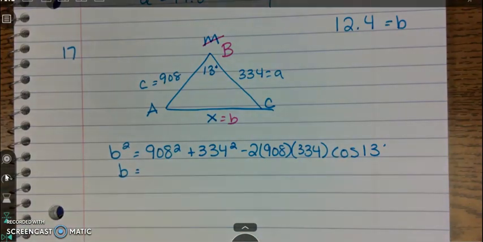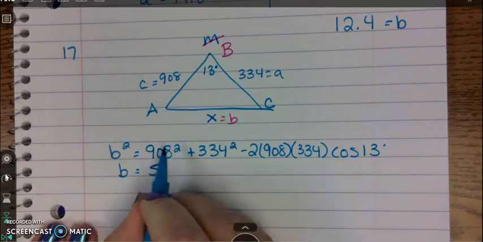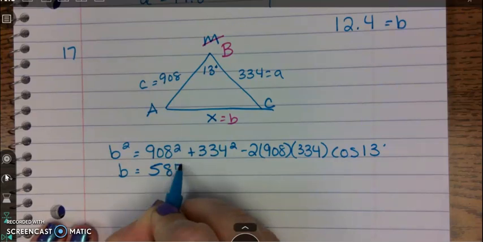Please don't forget to take that square root because we'll get the wrong answer. So it'll be 587.4 miles. Okay.